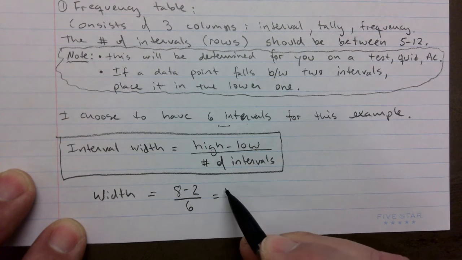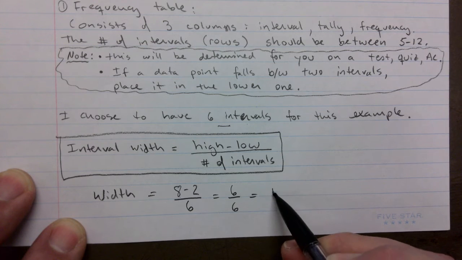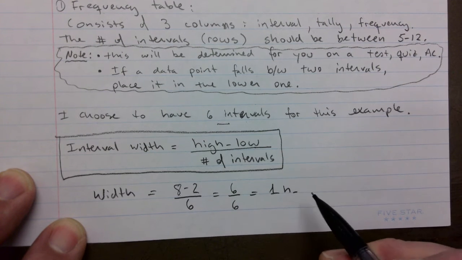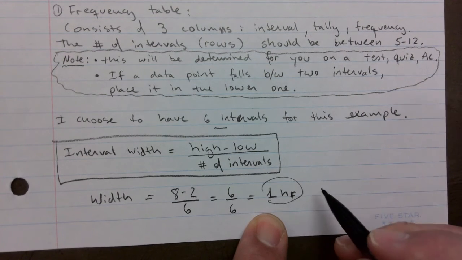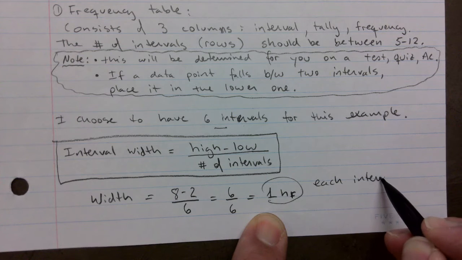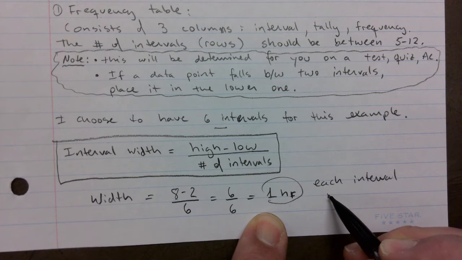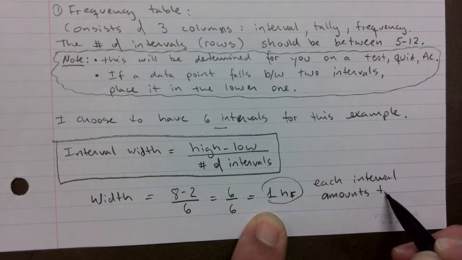So 8 minus 2 is 6, and 6 divided by 6 is 1. So 1 hour. Each interval amounts to 1 hour.